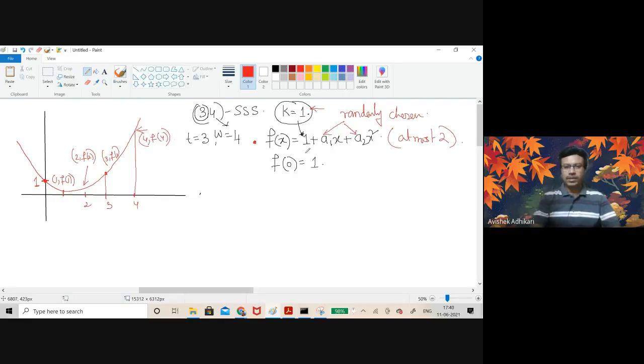For the sake of simplicity, suppose I have taken f(x) = 1 plus 2x plus 3x square, chosen randomly like this.